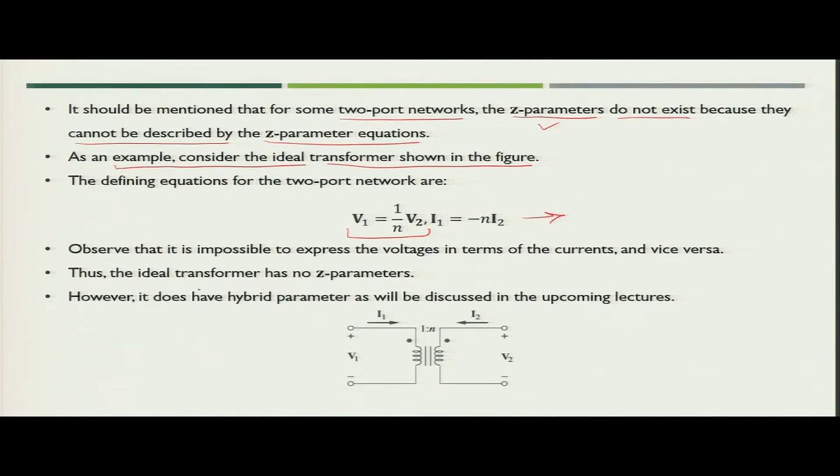That is why in the case of ideal transformers, we cannot calculate the Z parameters, but we can have the hybrid parameters, which we will discuss in the next lectures. So, we have to keep in mind that not all circuits can be converted into the equivalent Z parameters network, and a few of them are like the ideal transformer example.